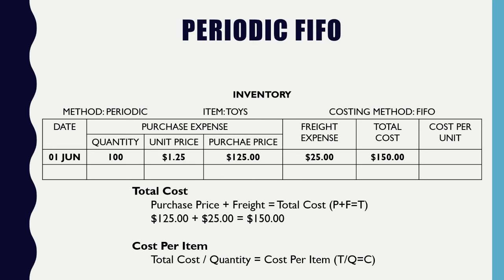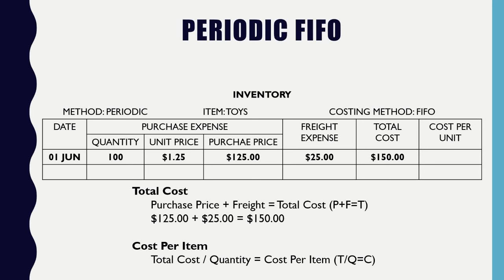But in this case, instead of calculating it beforehand, you can eliminate 2 extra steps by calculating it here first and then entering it into your journal. But for the sake of this class, I'm going to have you practice journalizing first and then solve for the numbers later.